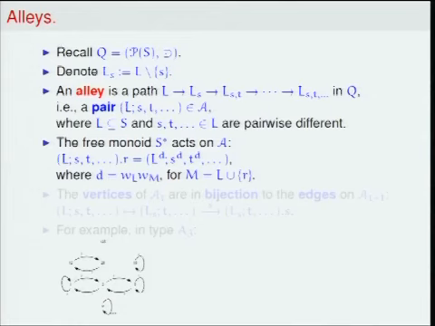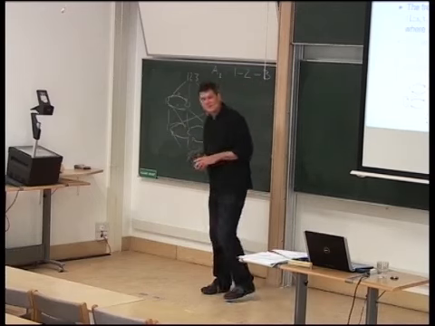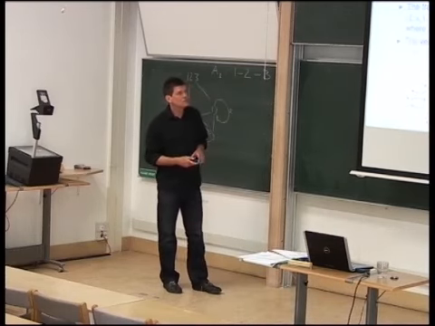The image of this path L, S, T, and so on under R is L conjugated by D, S conjugated by D, T conjugated by D, and so on, where D is the same element as before, arising as a longest coset representative from extending this subset L by an extra element R. This extends the action of the free monoid on the power set of S to all parts of the paths in the Hasse diagram.